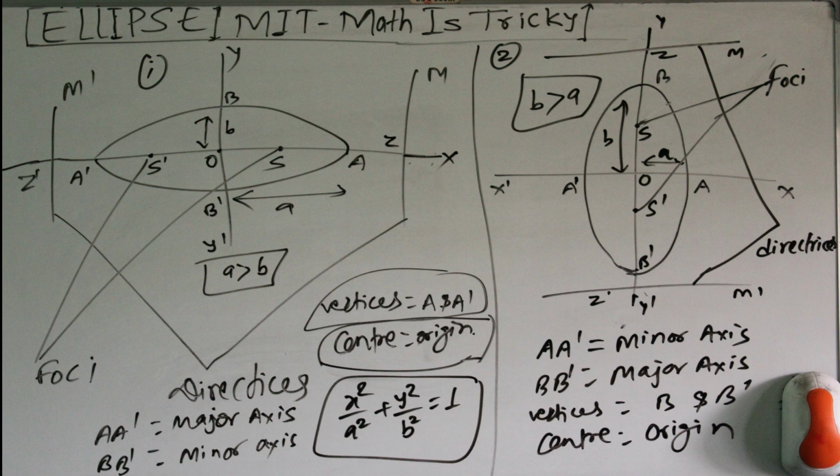Also you can see here m z, a line which is perpendicular to the major axis, is called directrix. Two directrix will be there. So another directrix is m dash z dash. What is the equation of directrix, what are the vertices of the ellipse, how to find foci, how to find the length of major axis and minor axis, all this will be discussed later on.